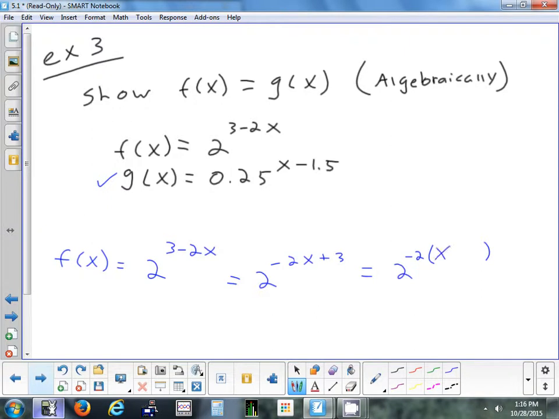Just x. And Brad, if I factor a negative 2 out of the second part, what would I have left there? Negative 1.5. Yeah, it's negative 1.5. You can always check it by distributing. Negative 2x plus 3. Okay, now we're close. How can I somehow turn 2 to the negative 2 into 0.25?